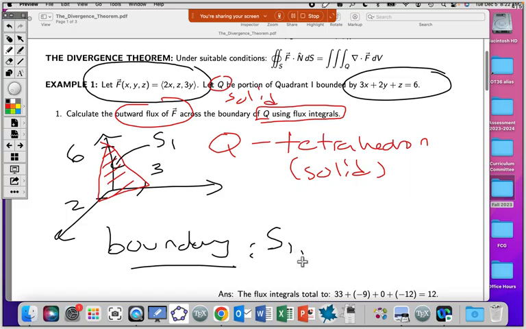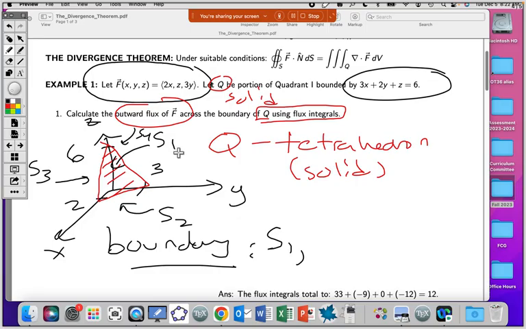Right, there's 4 faces. So we'll call that one S1. We'll call this S2. That would be the projection into the XY plane. And we'll call this S3. That's the projection into the XZ plane. And then we'll call the back S4.